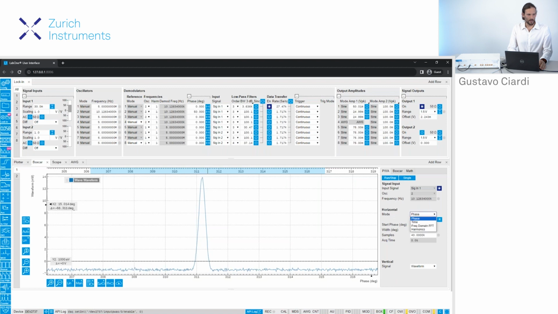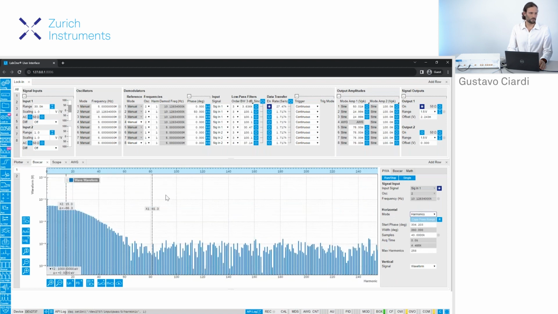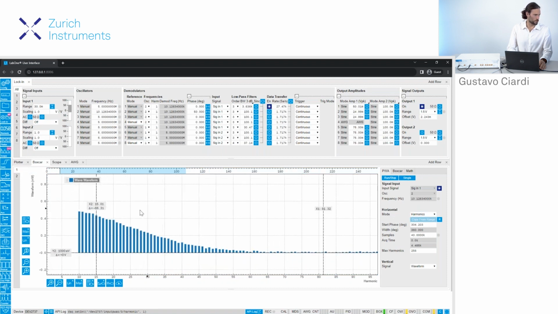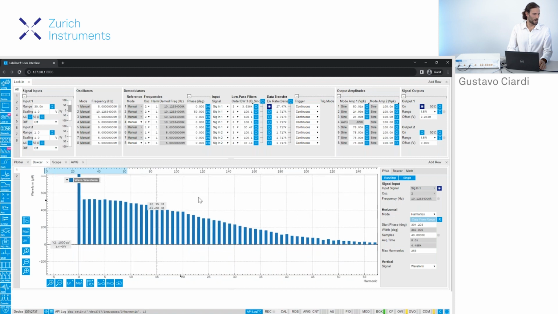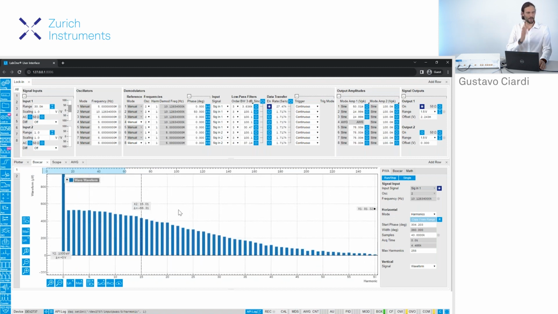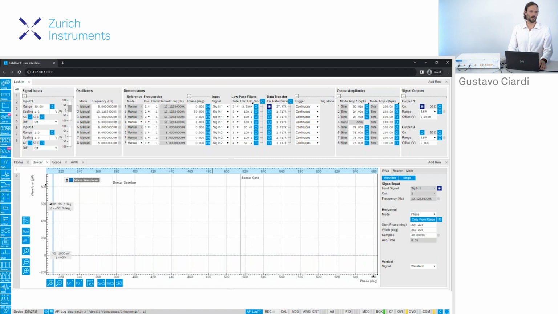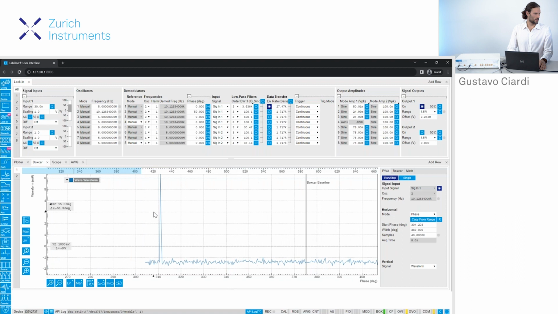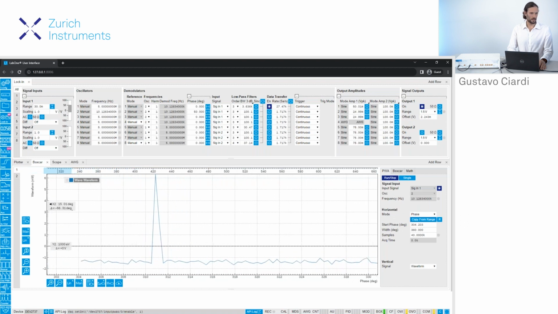Again, we can have a look at the harmonics once more, and we can see that now the harmonic contribution of my signal is much larger. There are many more harmonics that contribute to my signal. Now going back to phase, we can run the measurement again.